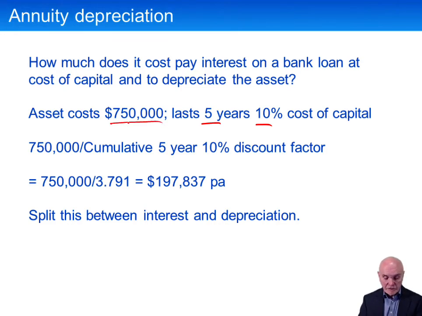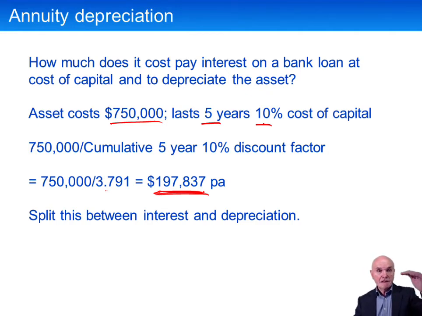You take the 750,000 and you divide by the 5-year cumulative 10% factor. So this will say, this is what you have to repay. This is the 5-year 10% cumulative factor. This will allow you to repay the capital and to pay the interest at 10% on the outstanding capital each year.